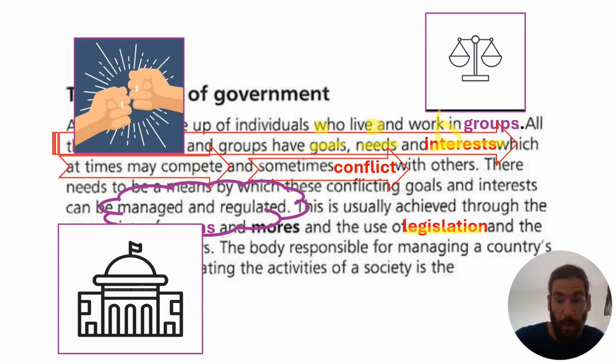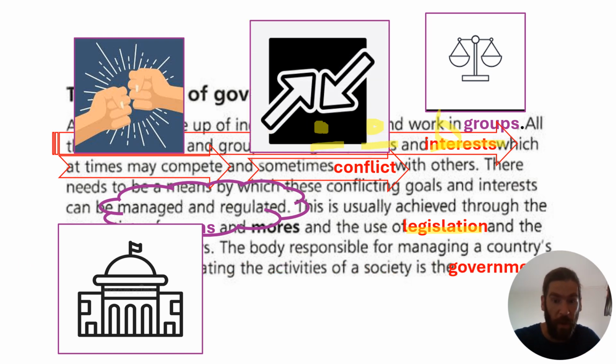And the body responsible for managing a country's rules and legislation and managing and regulating interests is called the government, like you can see here. That's the body, like the organization responsible for a country's regulations and competing and conflicting interests of the citizens.